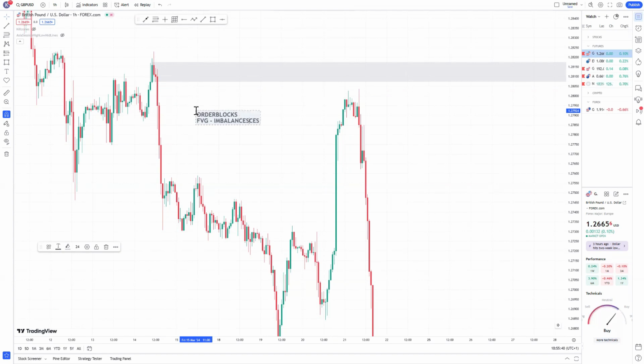The next type of entry we have is when you use inducements or liquidity entries. I also have a video on this on my YouTube channel. If this is your first time and you want to learn about these things, check out my YouTube channel and watch the videos there. Another one we also have is the breaker block. We have breaker block entries too.